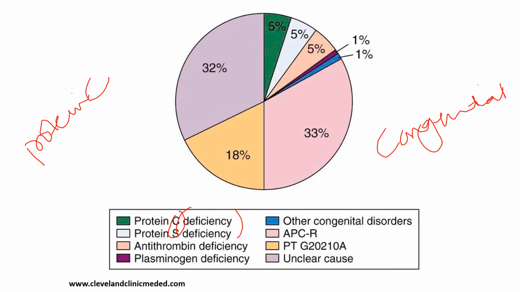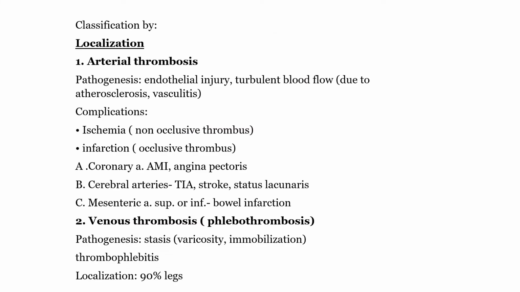If you have deficiency in the inhibitor, this will lead to increase in coagulation. Protein S is an inhibitor. If you have deficiency in the inhibitor, this will lead to increase in coagulation. The same thing for antithrombin. Antithrombin is an inhibitor for thrombin. If you have deficiency in antithrombin, this will lead to increase in coagulation.